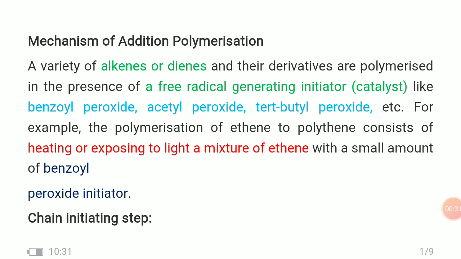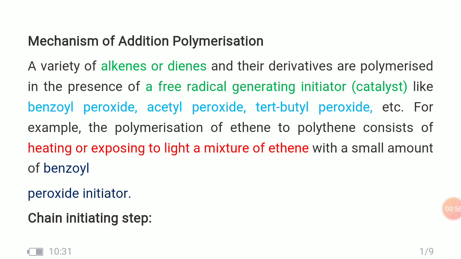Catalysts are those compounds which increase the rate of reaction. Here we use catalysts such as benzoyl peroxide, acetyl peroxide, tertiary butyl peroxide, etc. As an example, we take ethene.